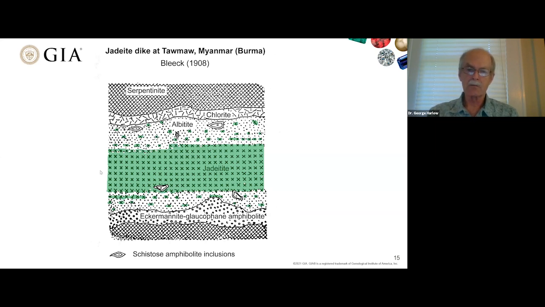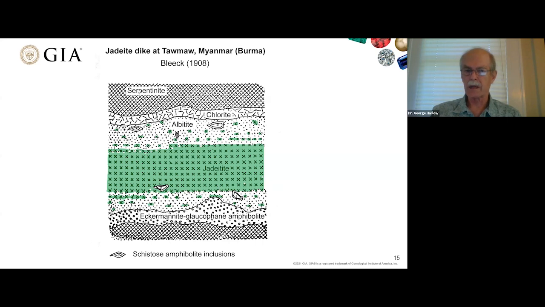And so you find what looks like an intrusion, essentially a fat vein of the jadeite rock, and it has these other things surrounding it. This and the other things surrounding it seem to tell you something either about what was happening along the fault in which it was probably allowed to intrude, and the adjacent rock.